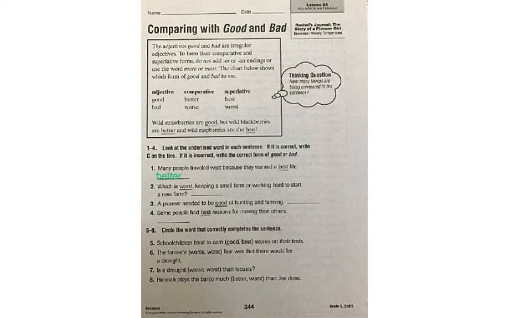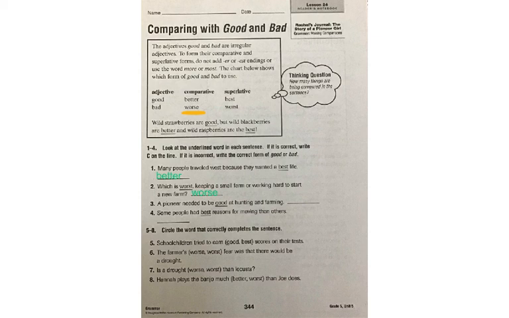Number 2, which is worst? Keeping a small farm or working hard to start a new farm. Well, you're comparing two things, keeping a small farm or working hard to start a new farm. So it's a comparative adjective, and so it's not worst, but it's the word worse. Number 3 and 4, I'll have you do on your own. Numbers 5 through 8, it says circle the word that correctly completes the sentence.